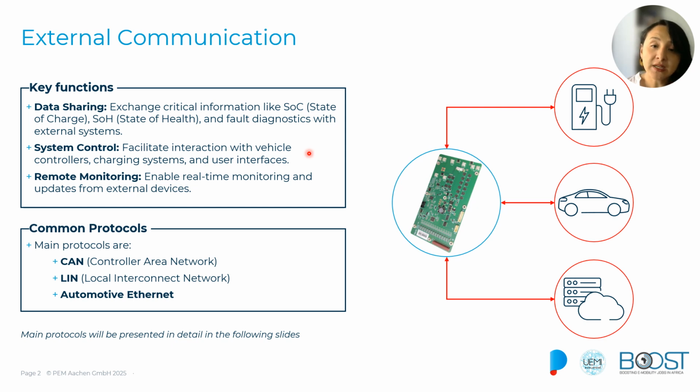The BMS will communicate with the vehicle controllers, with the charger, even with remote user interfaces. And all of this allows the devices to issue commands, for instance, when to start and when to stop charging, and how to handle the battery pack protections.